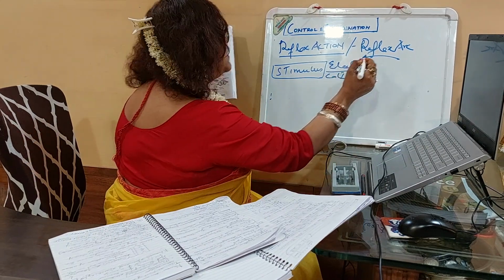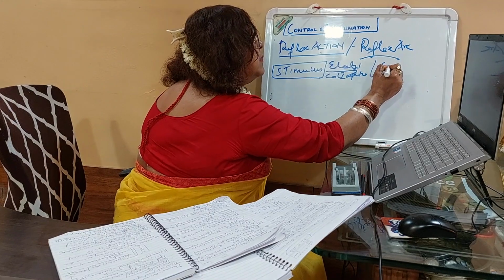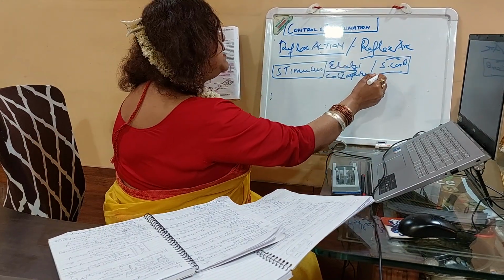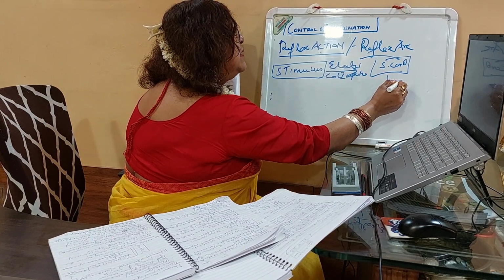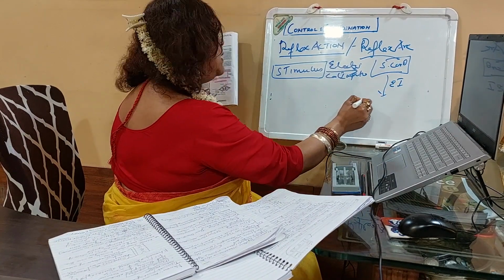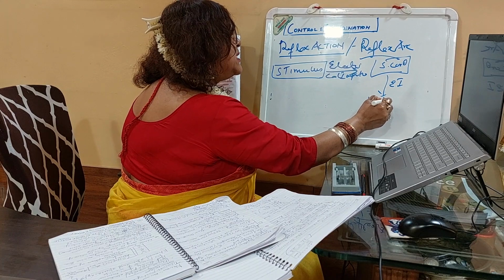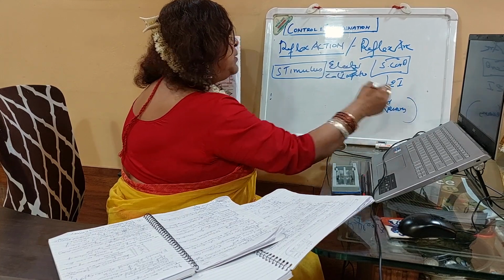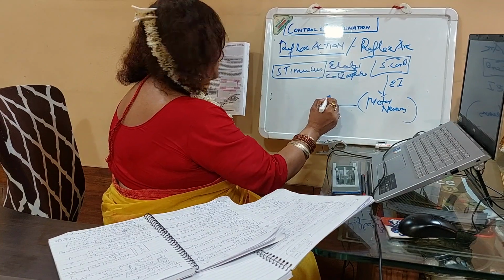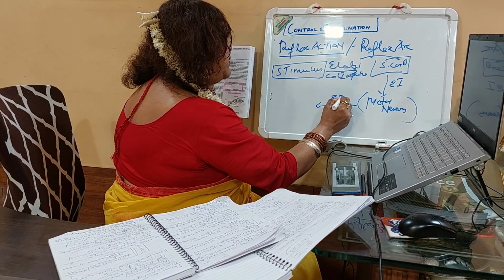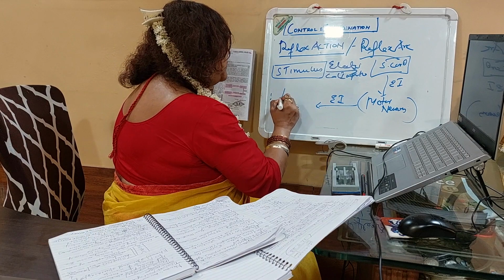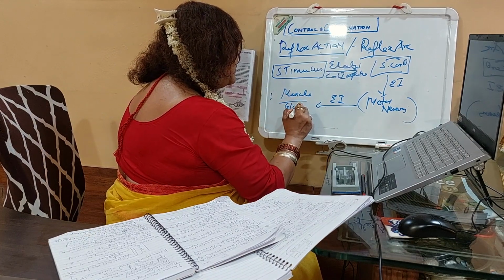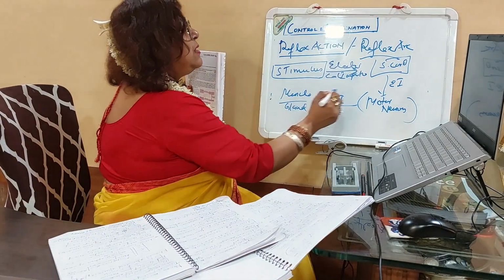This electrical impulse goes to the spinal cord. The spinal cord sends the electrical impulse to the motor neuron. I had explained this just now. I'm just drawing the flow chart. The motor neuron carries this electrical impulse to the muscle or the gland.